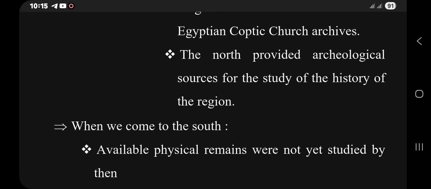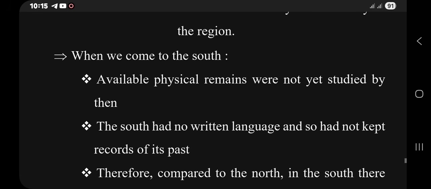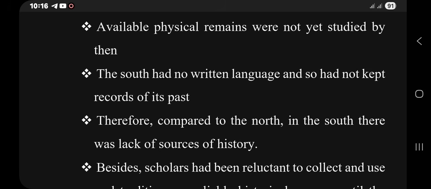When we come to the south, available physical remains had not yet been studied. The south had no written language and so had not kept records of its past. Therefore, compared to the north, there was a lack of historical sources in the south.